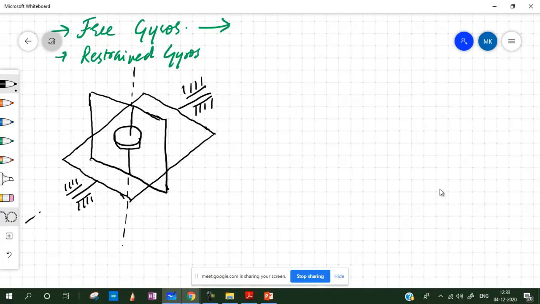So this becomes our another axis, mutually perpendicular. And the third one is, somehow I'm not able to show it correctly, but it's somewhere here. It has to be something like this. Anyways, I hope you understand what I mean from here. It's not the proper isometric drawing, but something like this. So it can rotate about this axis, it can rotate about this axis, and it can spin about this axis.